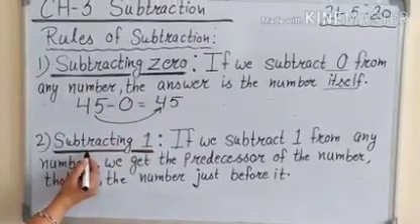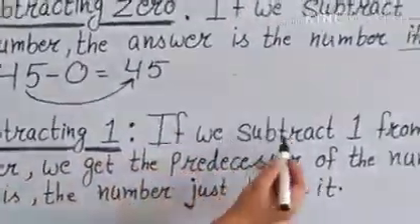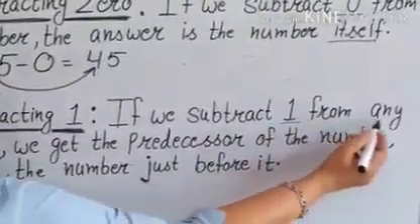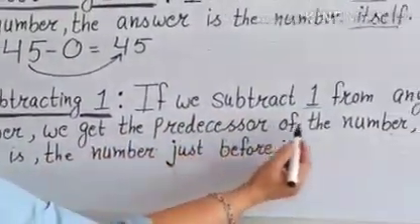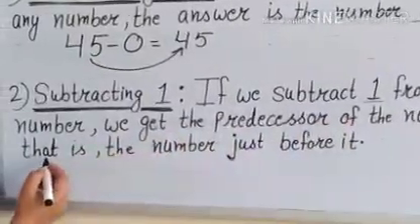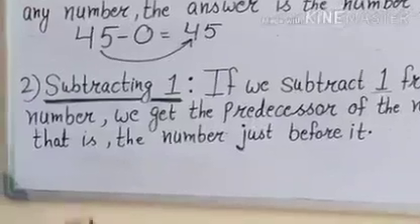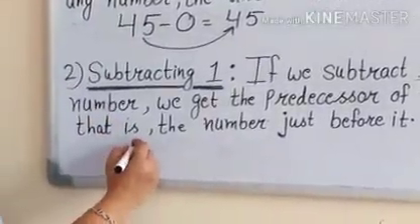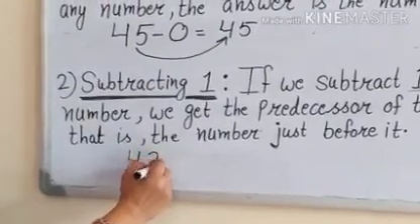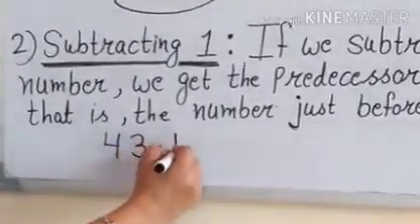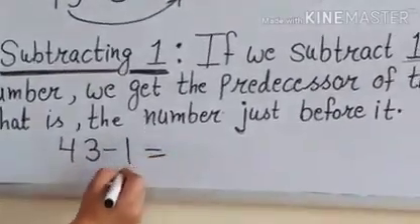Now the second rule, subtracting 1. If we subtract 1 from any number, we get the predecessor of the number, that is the number just before it. Let me take an example. If I subtract 1 from 43, then what will be the answer?